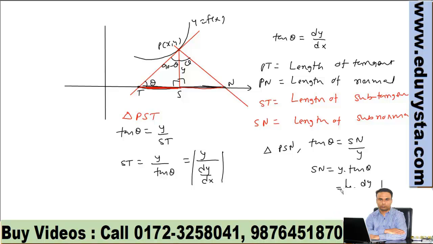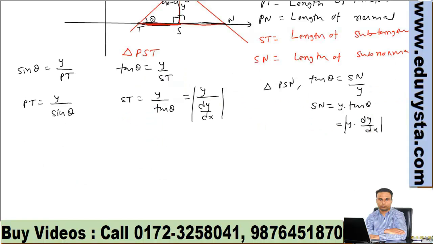Similarly, using other trigonometric functions we can find PT. Which function will we use to find the length PT? Sin theta, right? What is sin theta? That is the opposite side y upon PT. So PT is equal to y divided by sin theta.